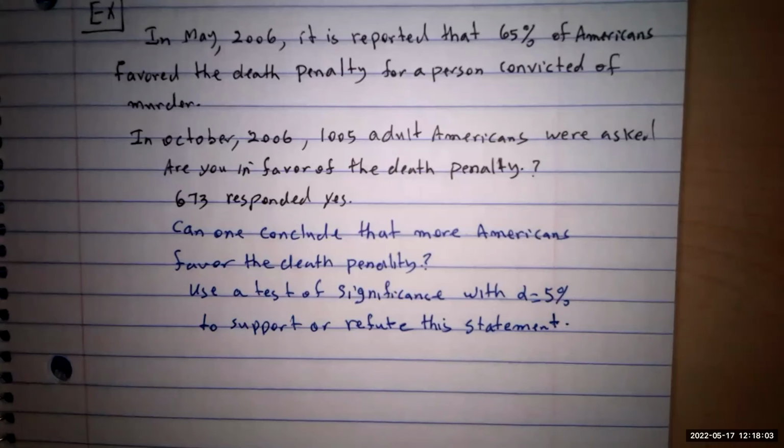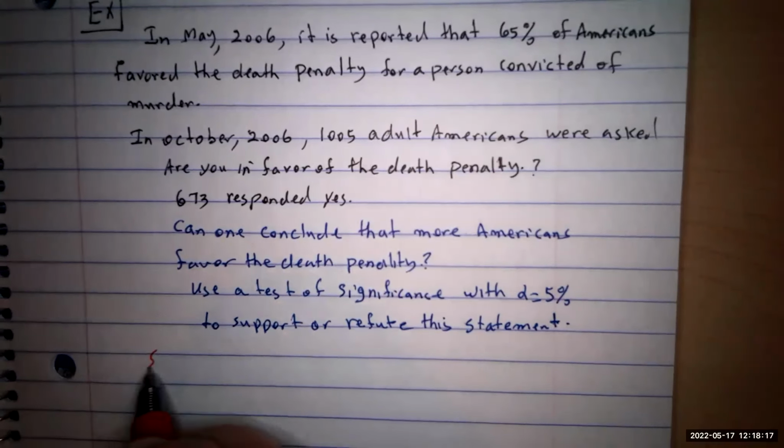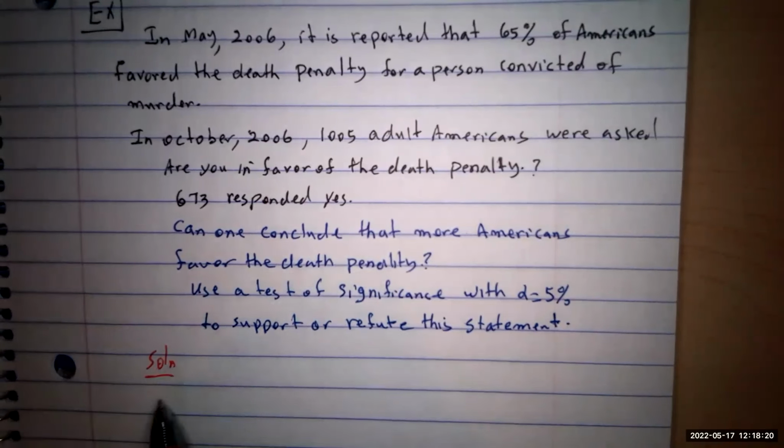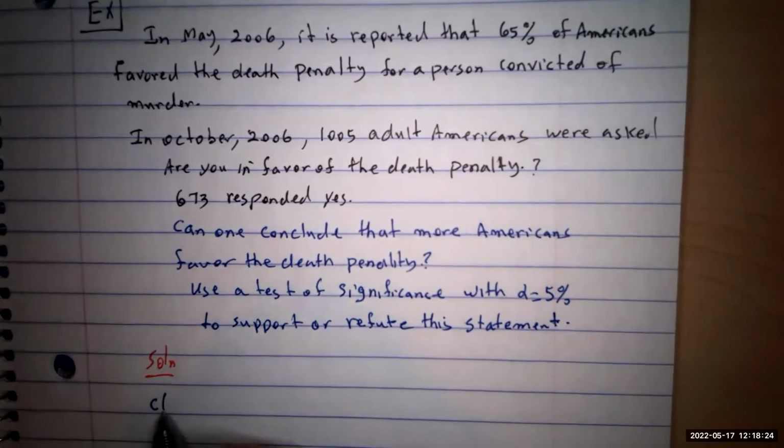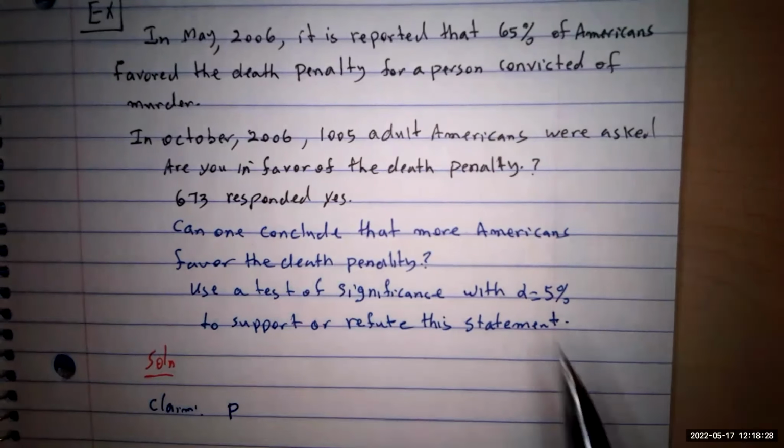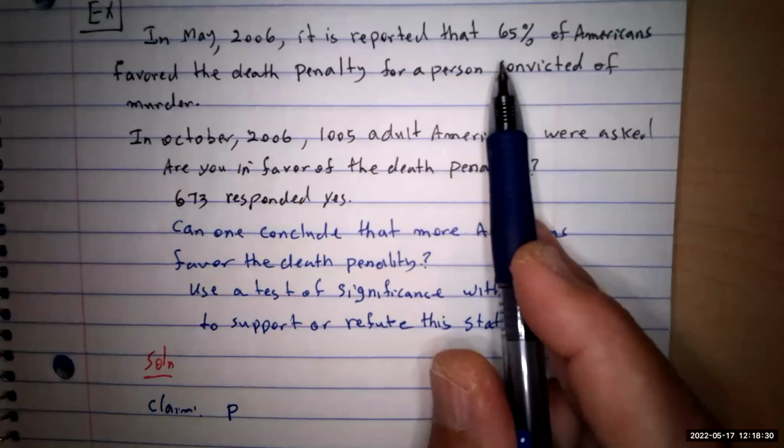So the conclusion of this argument is that this question is a claim about the proportion that you want to check. You identify your claim and set up the problem. So we identify the claim right away. The actual number was 65%.